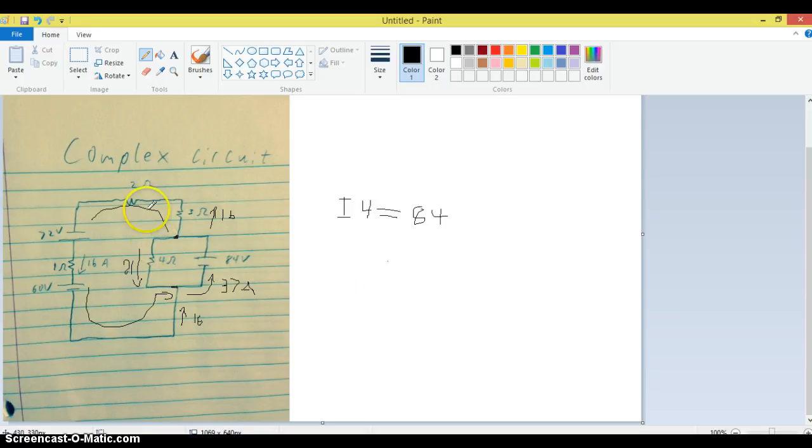We know that this battery, since it's lower than this one here, is going to be getting charged by this other battery. So we take the 60 volts and multiply that by the 16 amps to find the power, or the wattage.